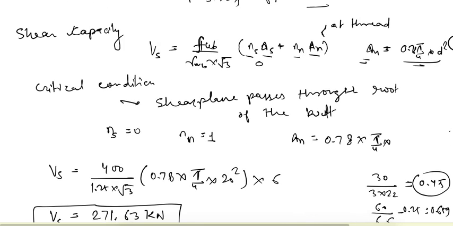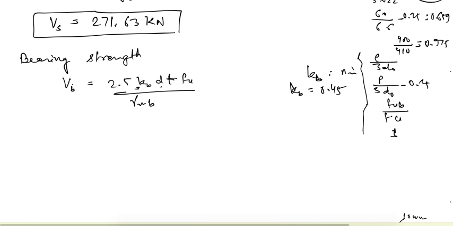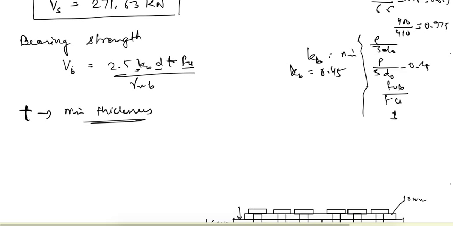Now what else is remaining? d is the dia of the bolt, fu is the ultimate strength of plate. Now this t, that is thickness. Last time, in the theory video, I said we take it as the minimum thickness, but that is an oversimplification.